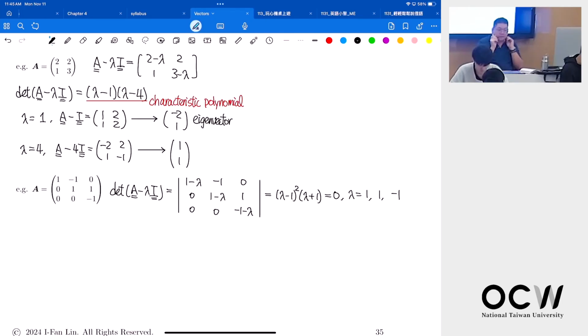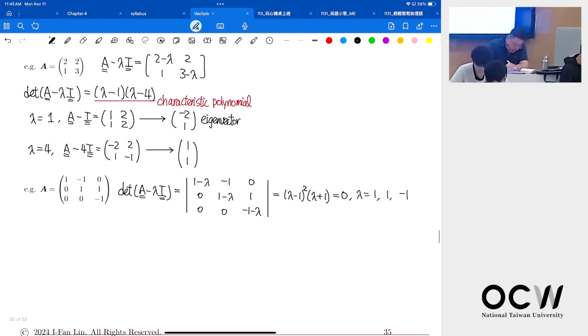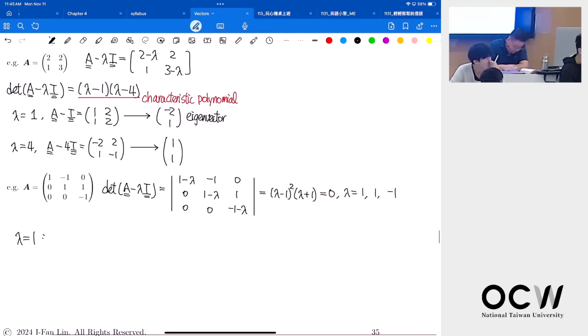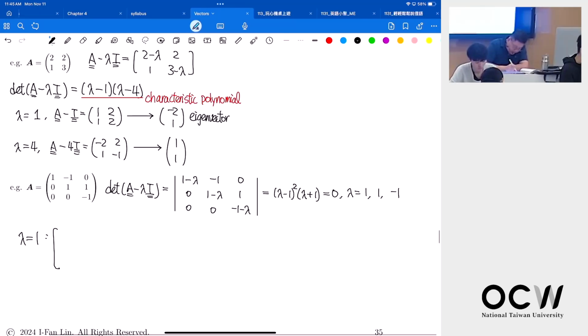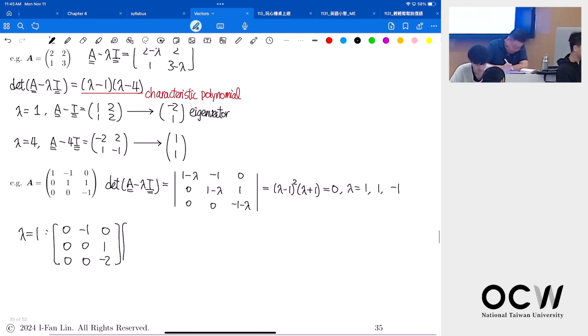That's 0. So you will get lambda equals 1, 1, minus 1. So I have two eigenvalues, then I should have two different eigenvectors. When lambda equals 1, your A minus lambda I will be 0, 0, 0, minus 1, 0, 0, 0, 1, minus 2, times x1, x2, x3.